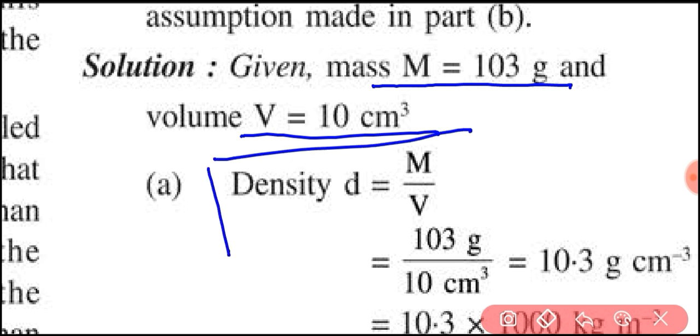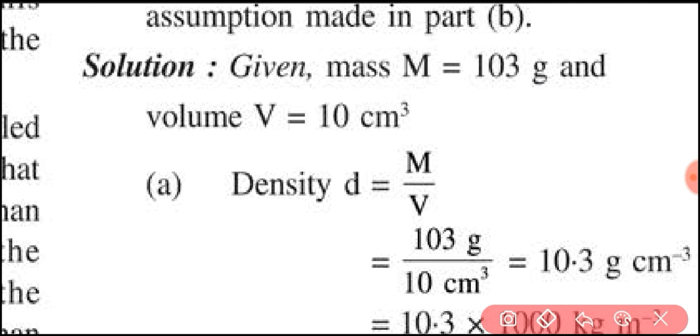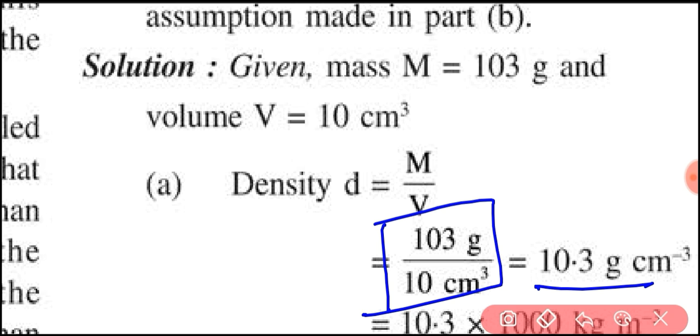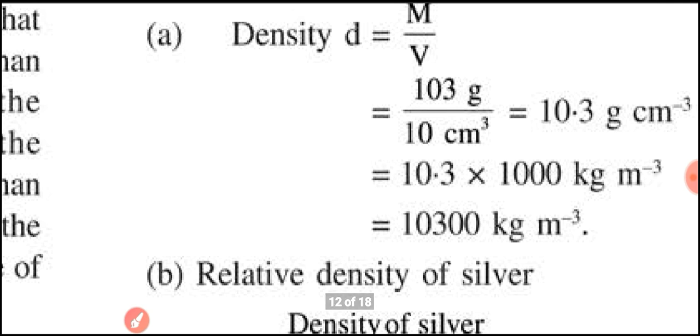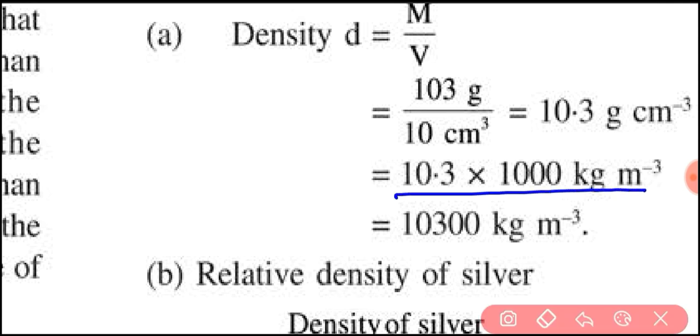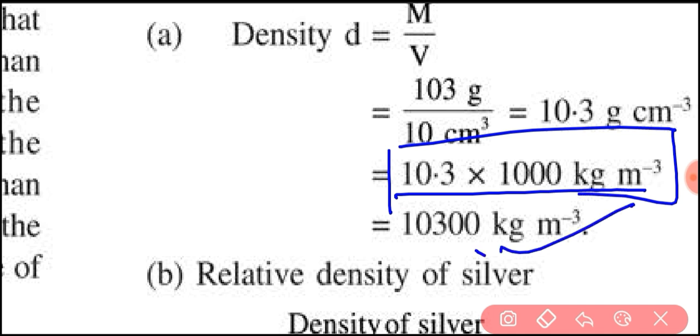We know the formula, density D is equal to M upon V. Substitute these values directly here. Clear? 103 upon 10 gram per centimeter cube. What is the answer? 10.3 gram per centimeter cube. Multiply by 1000, we can convert this one into kilogram per meter cube. We will get the final answer for the first case, 10,300 kilogram per meter cube.